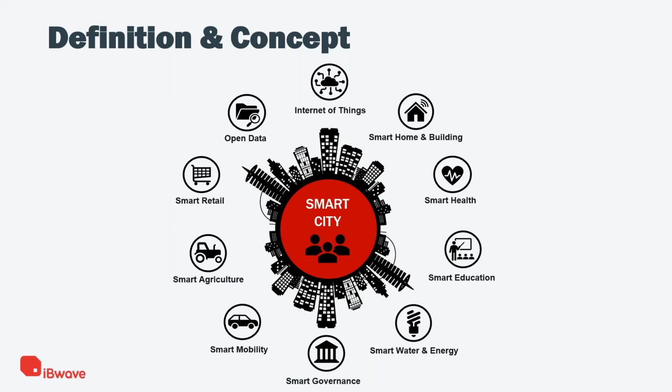For this reason, we can divide the different applications into different areas, such as smart home, buildings, smart health, smart education, smart water and energy, smart governance, mobility, agriculture, retail, and others. Here we just have some samples, right? Our presentation will be focused on smart governance because we will talk about emergency risk areas.